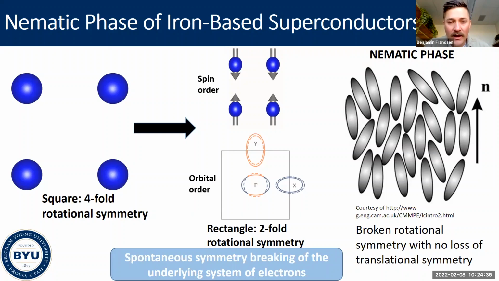All right, so it's really this kind of general symmetry breaking that occurs in these materials. But we'll be focusing on the structural manifestation of the nematic phase, basically this distortion from a square into a rectangle. That's what I'll be focusing on.